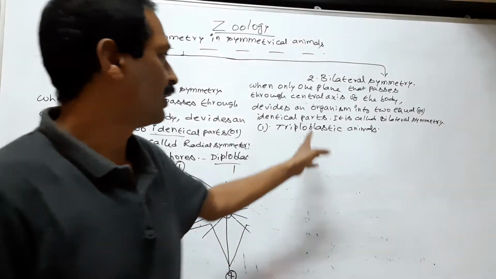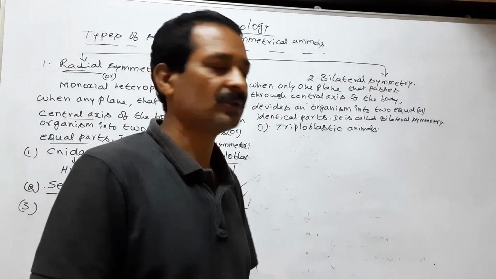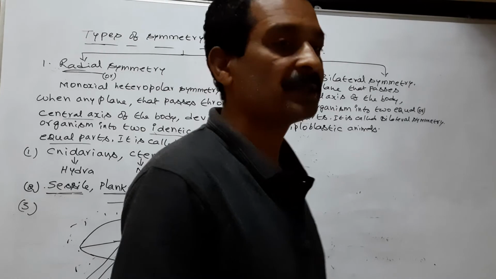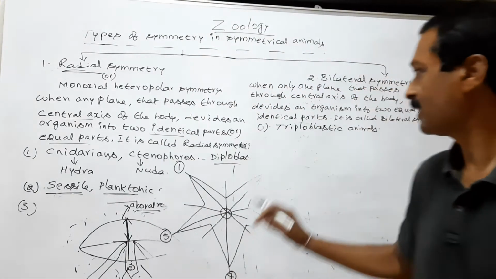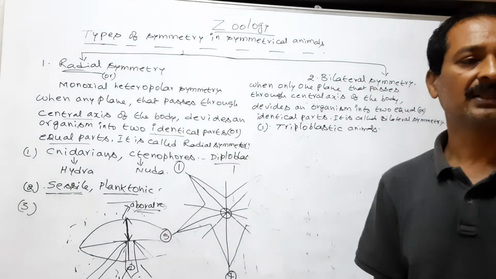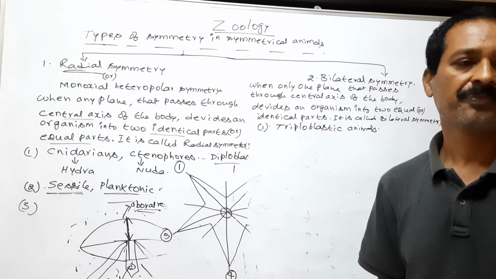These are triploblastic animals. So bilateral symmetry is the principal symmetry of triploblastic animals.